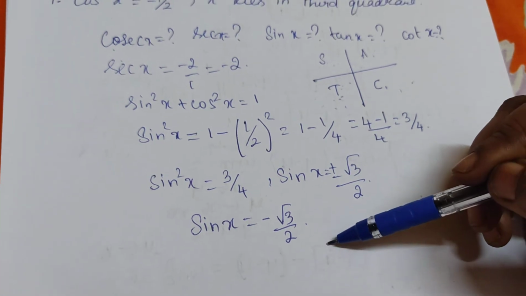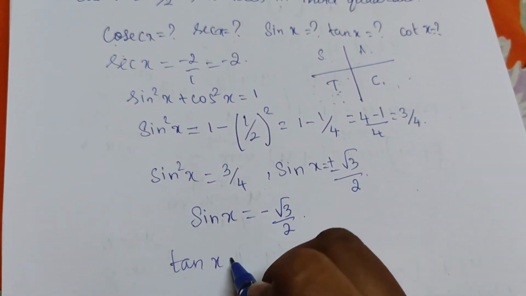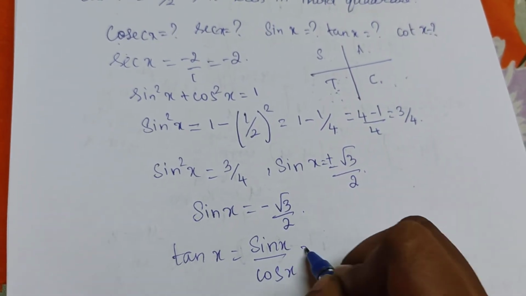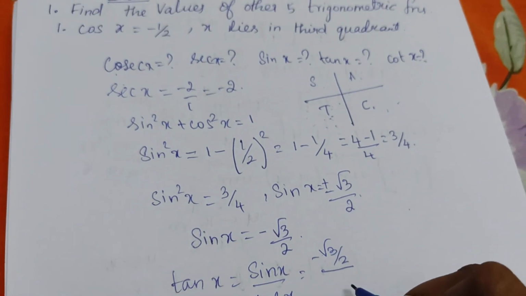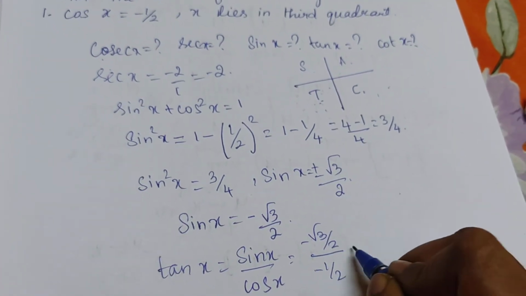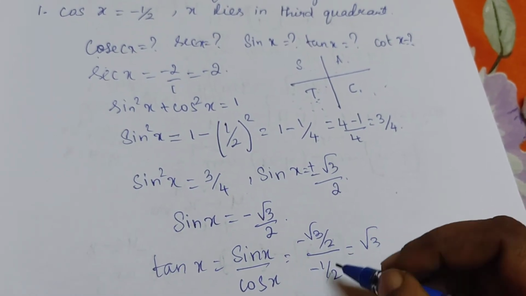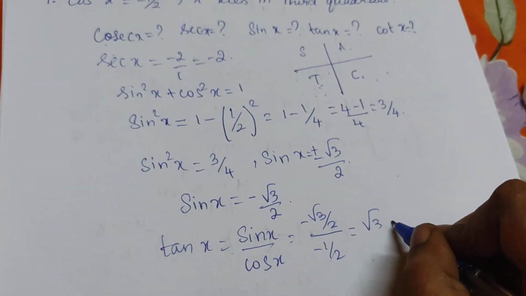So as x is in the third quadrant, we are getting sin x as negative. Now we got the sin ratio. Now the tan ratio: tan x is equal to sin x by cos x. Sin x is minus root 3 by 2, and cos x is minus 1 by 2. We cancel the 2, and the minus signs cancel, so we remain with root 3.